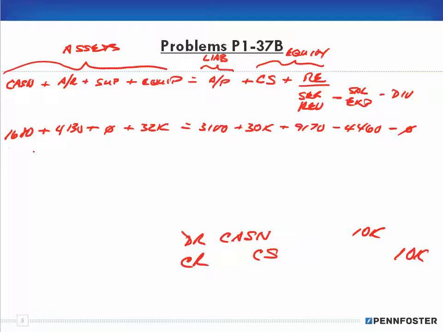So that's what the journal entry would look like, and I would then post those entries to my ledger accounts. So what that would look like is an additional 10,000 to cash, and an additional 10,000 to common stock. Okay. All right, next entry.